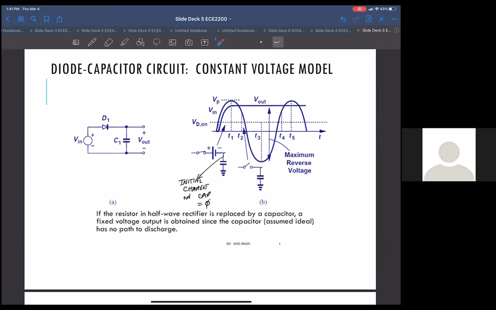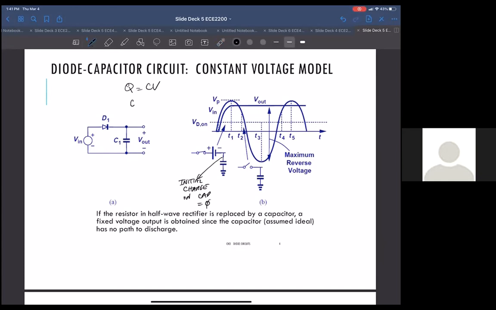And because it's a capacitor here, it's going to keep that voltage, because for the capacitor to change its value, the charge needs to go somewhere. And if this diode is off, the charge can't go anywhere. So remember, Q is equal to CV.